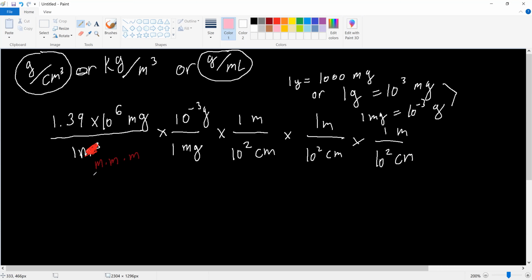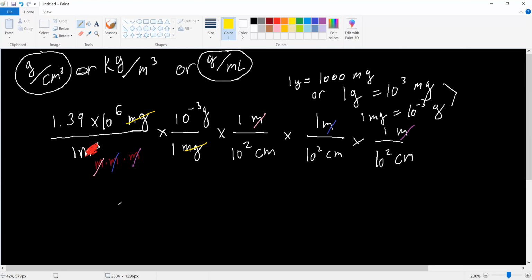Therefore, this meter will cancel out with this meter, this meter with this meter, and this meter with this meter. And finally, this milligram will cancel out with this milligram. So we're left with grams over cm cubed.